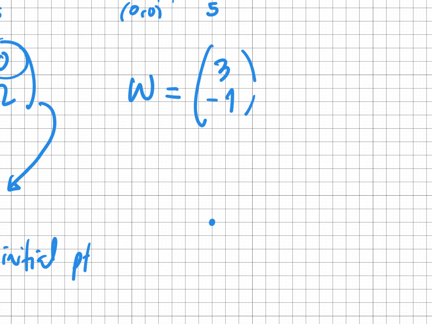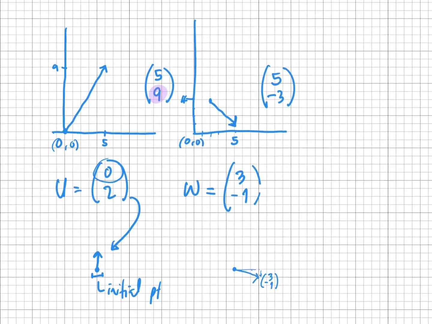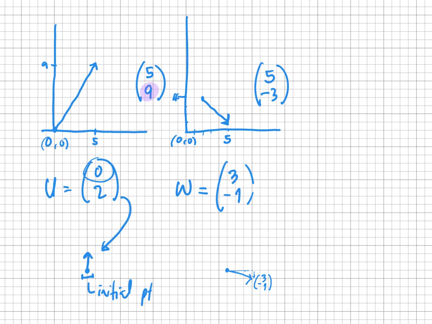So from here 1, 2 and 3, that's my 3 on the x-axis, and then I go down one more. So from the initial point, I will end on this part. This one is going to be your 3, -1. Remember, I went down 1, so that's why it's negative. I hope you understand these simple examples.